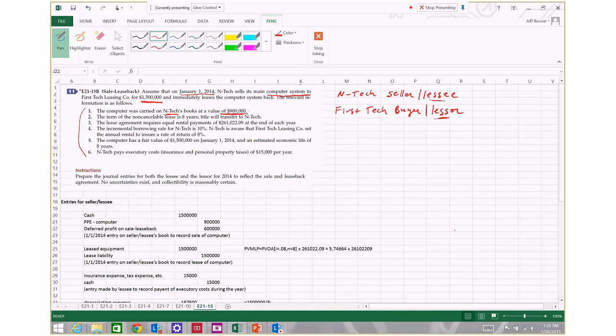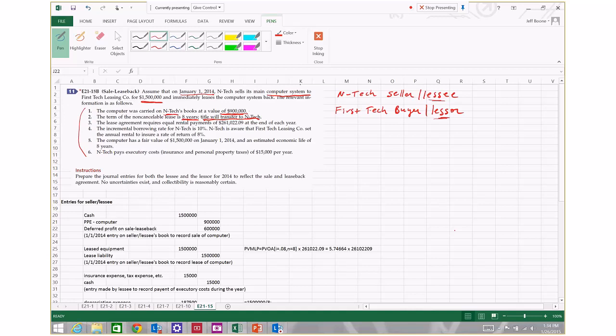We're told that the lease term, the period of time that Intech will lease the property back from First Tech, is 8 years. And we're told that at the end of the lease term, title will transfer to Intech. So the company leasing the property back owned the property originally, then sold it to First Tech.